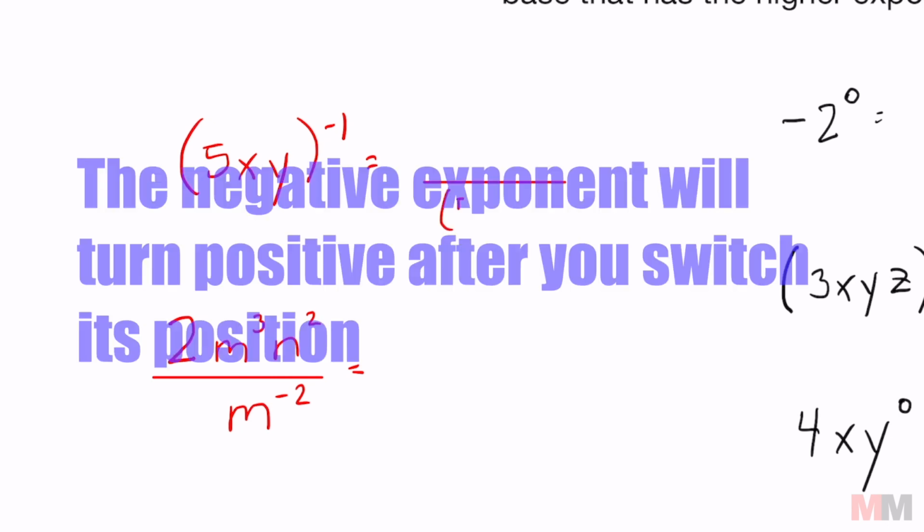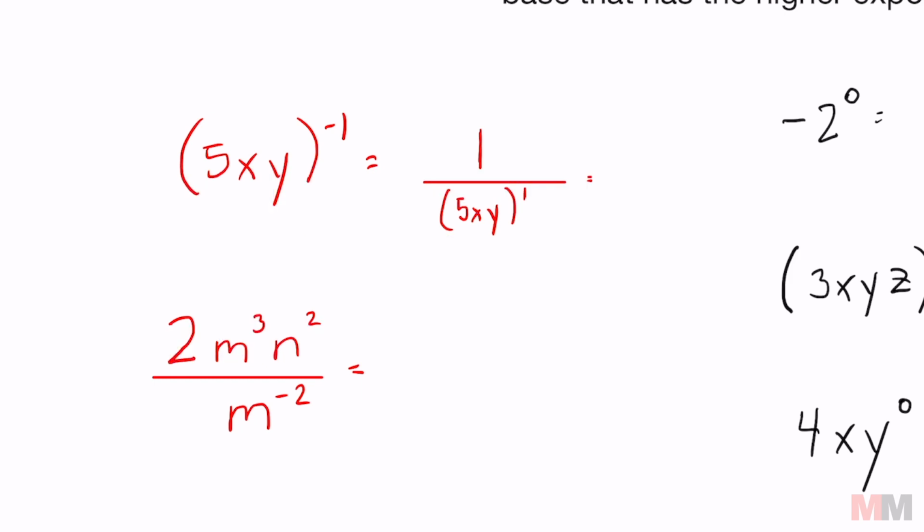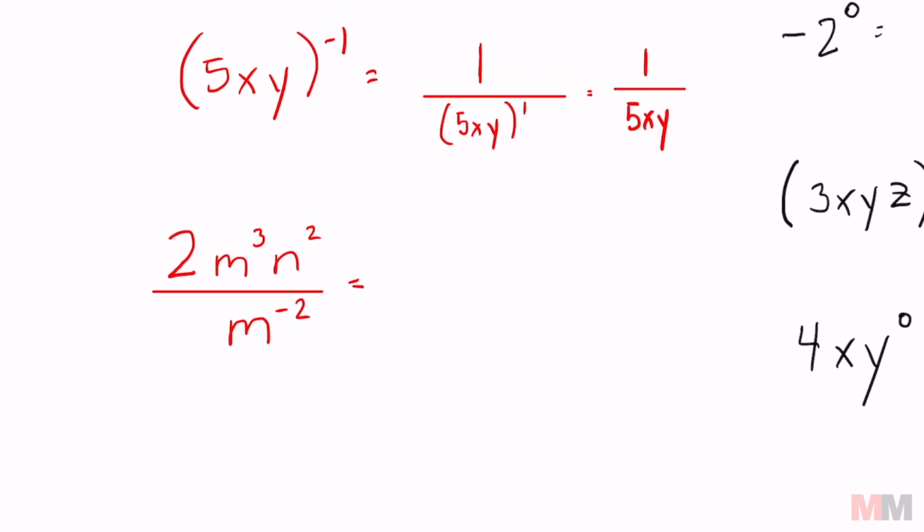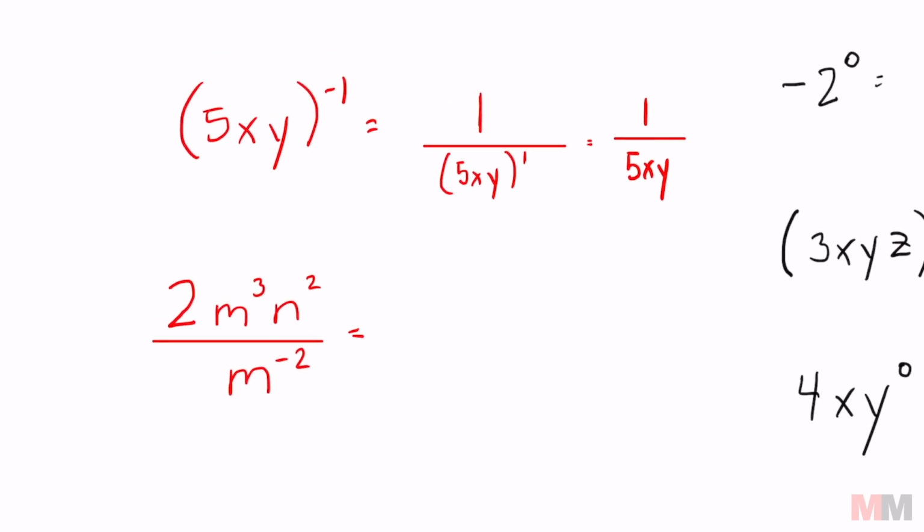So we can write 5xy here, and that negative 1 will turn into a positive 1. It's going to have an imaginary 1 on the top, and anything to the first power is just itself. So we can write this as 1 over 5xy.